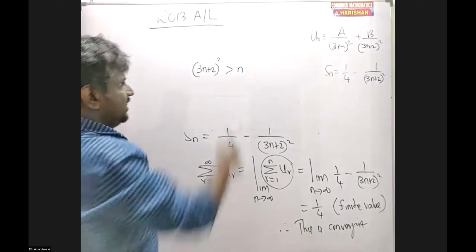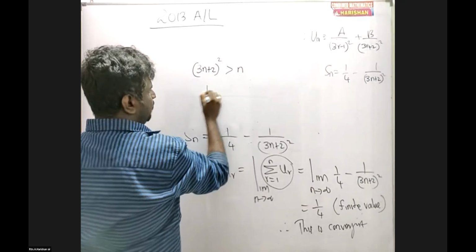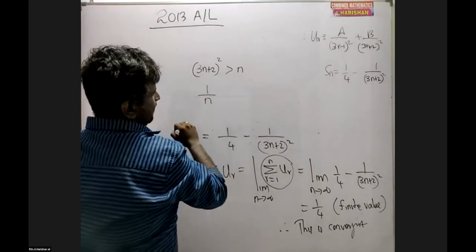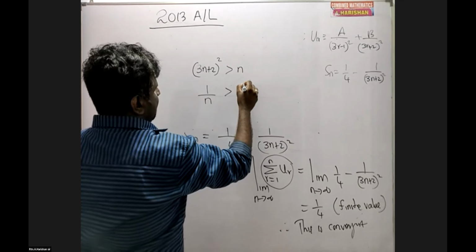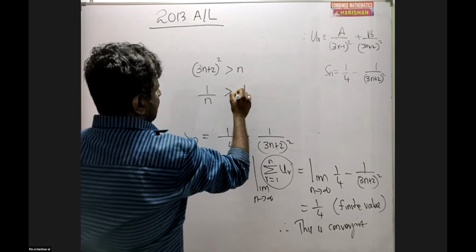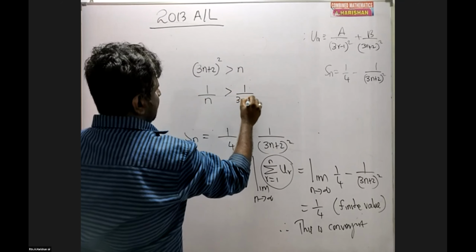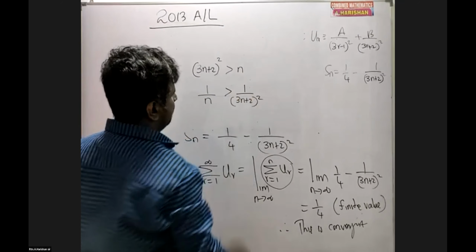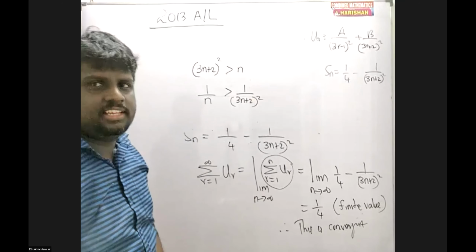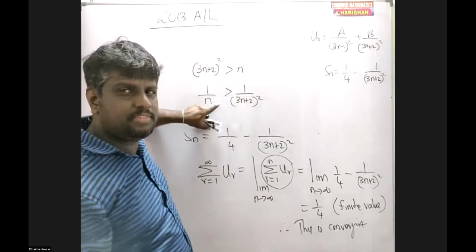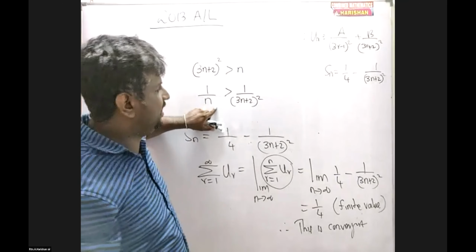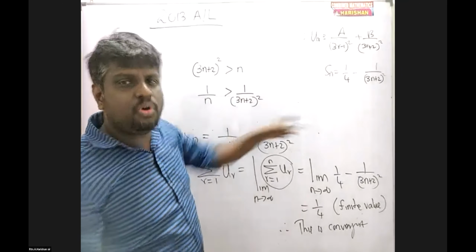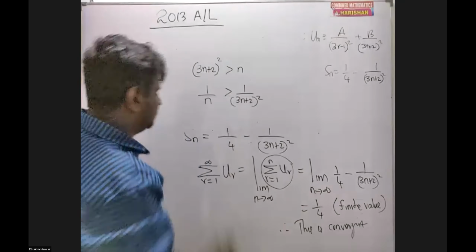Since all are positive, we can write like this. Do you accept this step? That means 1 over n is always greater than 1 over (3n plus 2) whole squared. Yes or no?